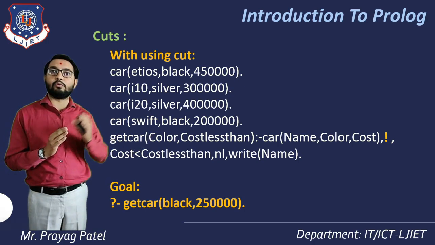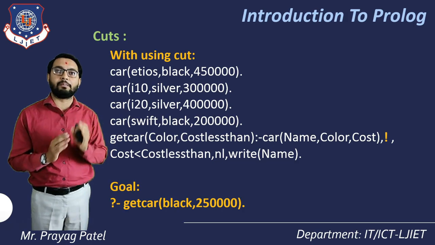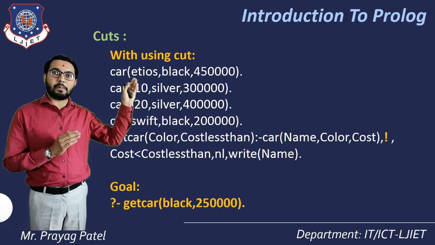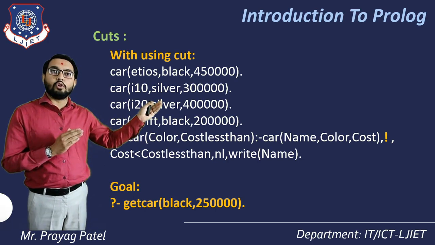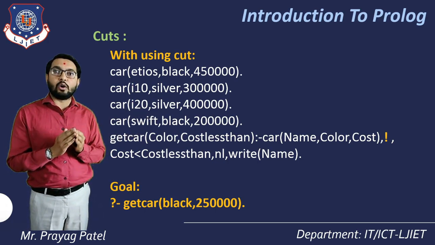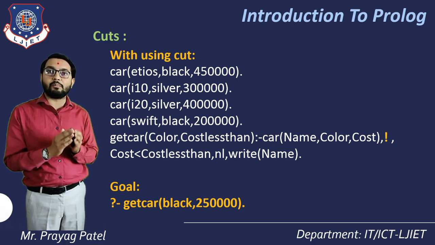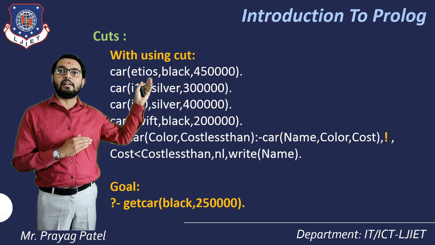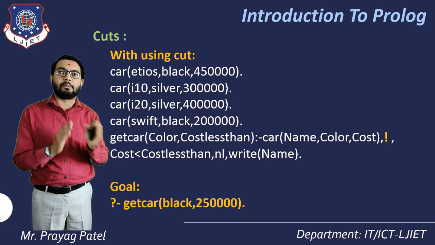Car equals the first statement, car Etios black 4,50,000. This statement is satisfied because the car rule is available. Till now we have not compared the cost and cost less than; we only compared the car fact. So the car fact is available first: car Etios, color is black and amount is 4,50,000.